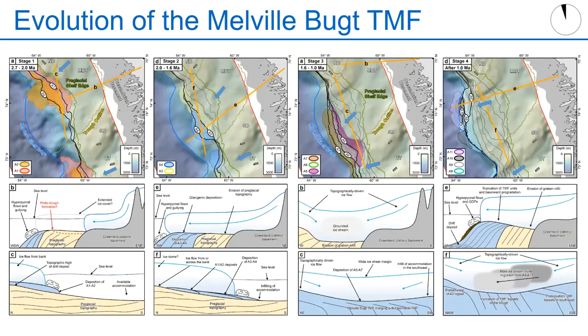It's a little complicated, but essentially we can split the evolution of the trough mouth fan into four separate stages. And within each stage, the types and the frequency of landform observations give us some good ideas on what the most important processes were. So evolution between these different stages varied through the interplay of glacial erosion and deposition from one glacial cycle.